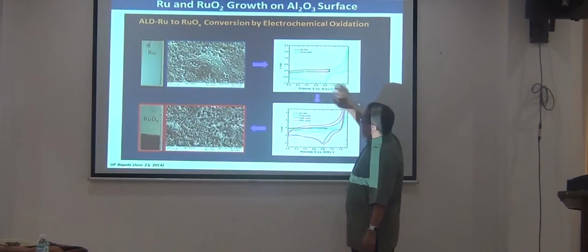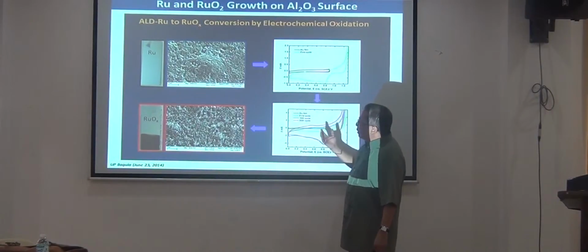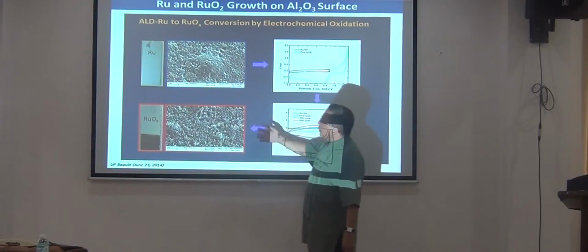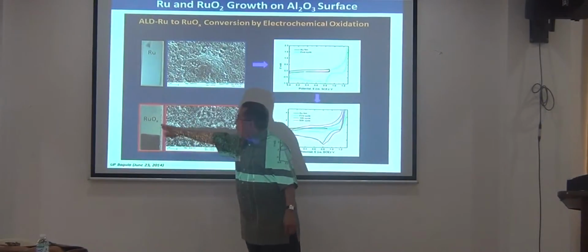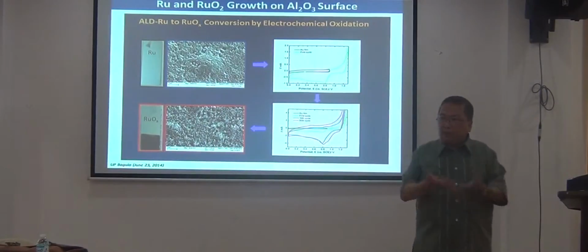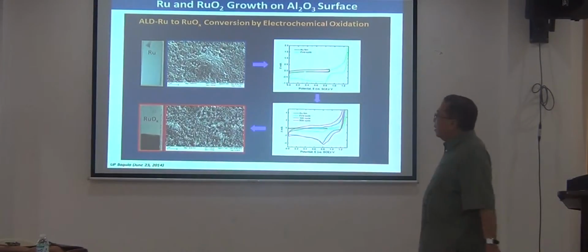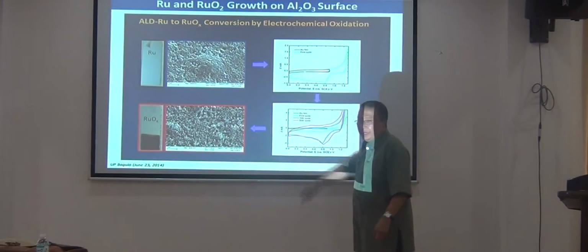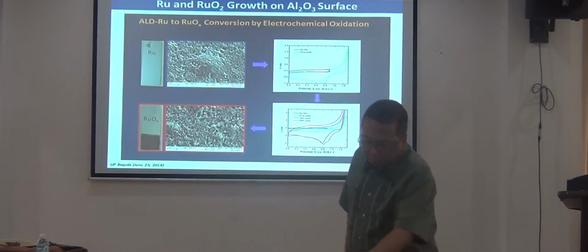And you do that, that allows you to get from ruthenium a ruthenium OX. We don't know what X is, but it's a ruthenium oxide complex with very good capacitance.